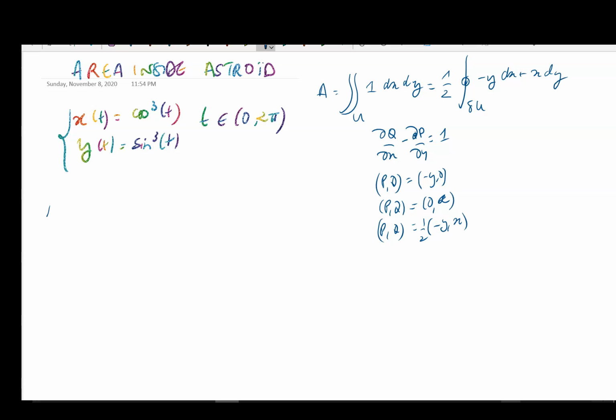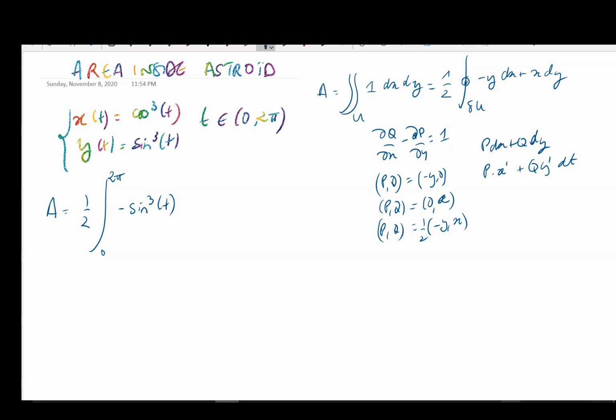Okay, so let's write what we have here. Let's use this last formula. The parameter t is going to go from 0 to 2 pi. So negative y is going to be minus sine cube of t times, we're going to need the x prime and y prime. Why? Because you know that P dx plus Q dy is usually rewritten as P x prime plus Q y prime dt, because dx is x prime dt and dy is y prime dt.